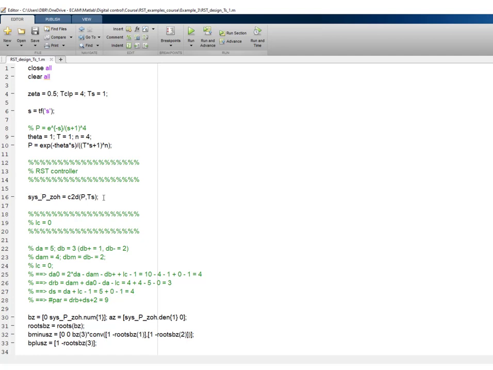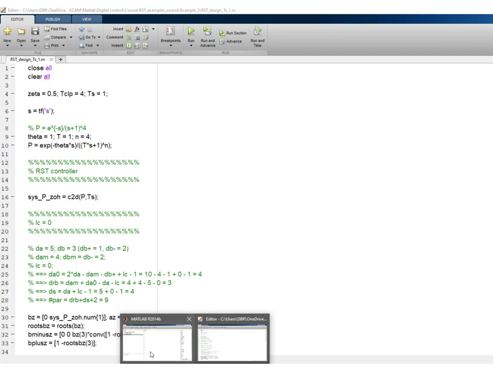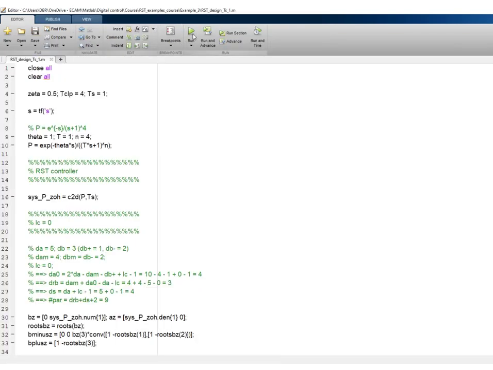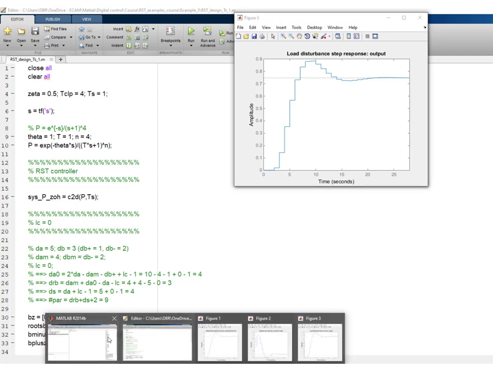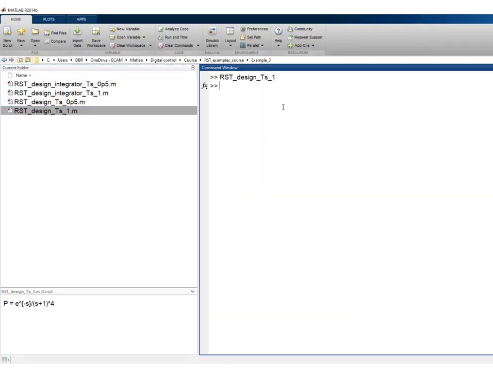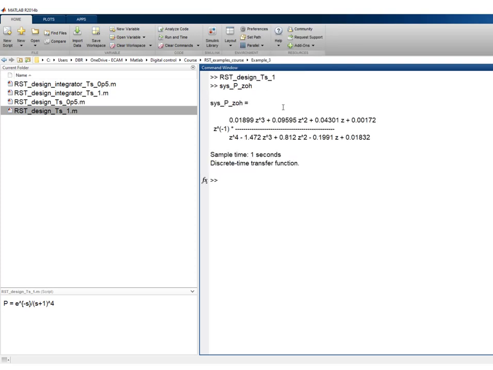You can use the command c2d, and what you have to do now is obtain B(Z) and A(Z). So let's maybe first run this code and then have a look at the process. So again, we have this Z minus 1 over here, so pay attention.